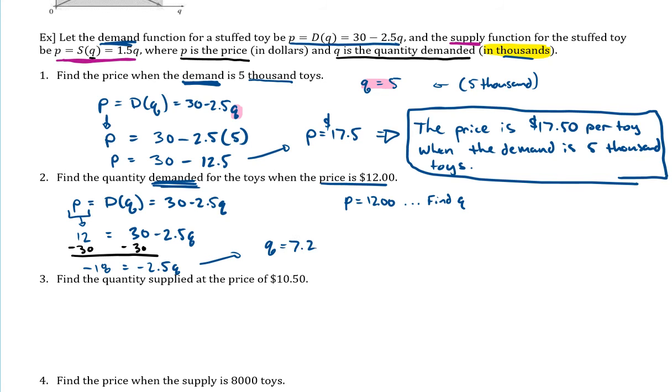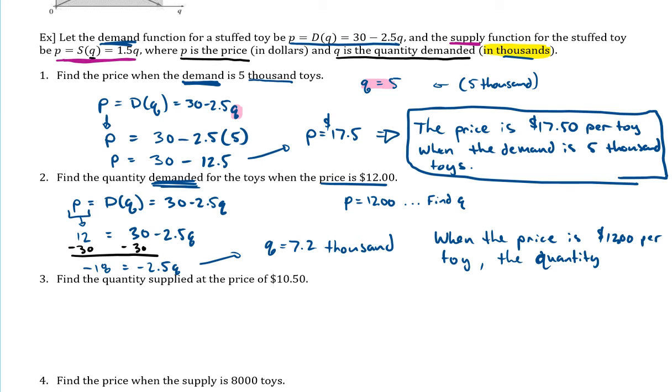equals 7.2. And remember, this is in thousands, so it might be worthwhile to just instantly put that word in, 7.2 thousand. So what this is saying is when the price is $12 per toy, the quantity demanded is 7.2 thousand toys.